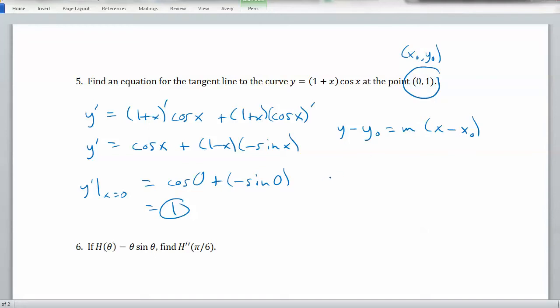So we just replace those three letters by their values. y minus y naught is 1, slope m is 1, x naught is 0, and we get y minus 1 equals x, right? Or if I add 1 to both sides, I get y equals x plus 1 for the tangent line to that curve at the point 0, 1.